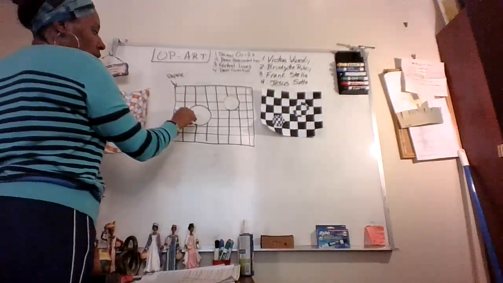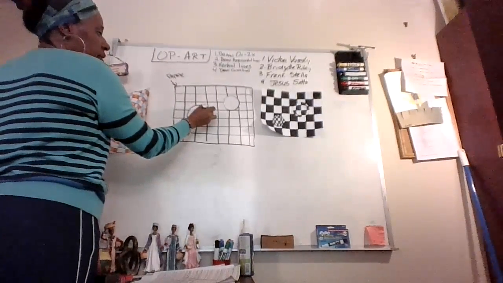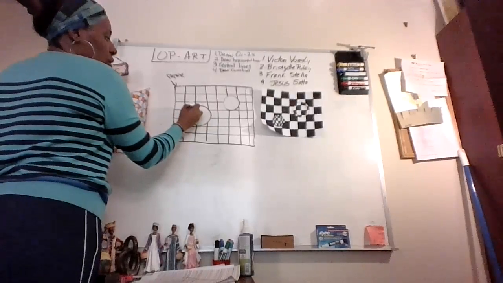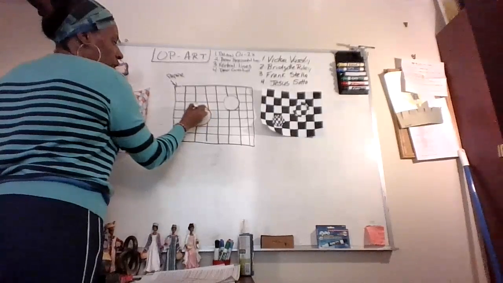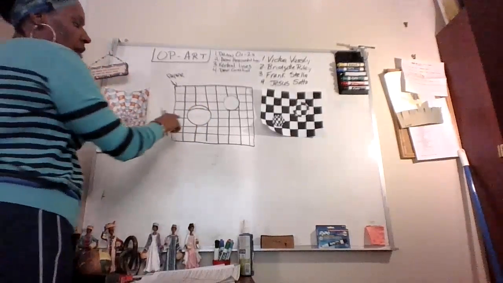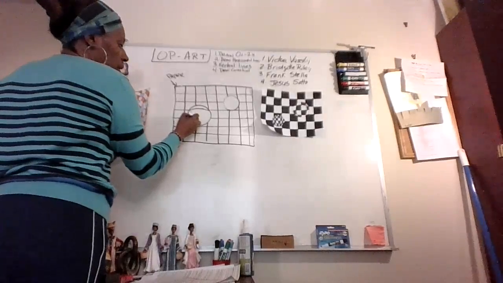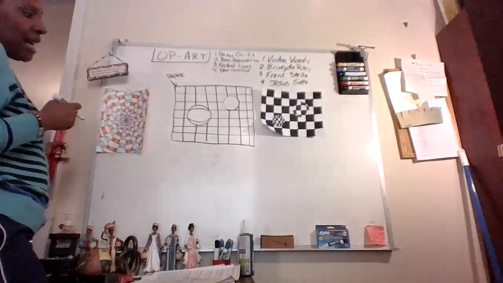So, here is an intersecting point, and here is one. So I'm going to draw a curved line from one line over to the other. I'm going to do the same thing over here. Curved line from one side to the other.